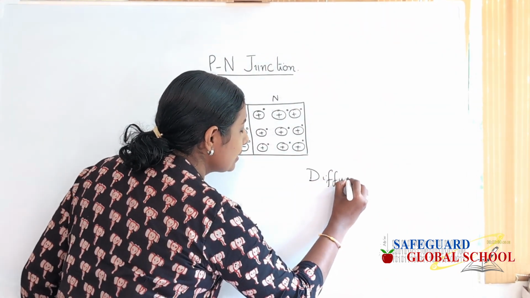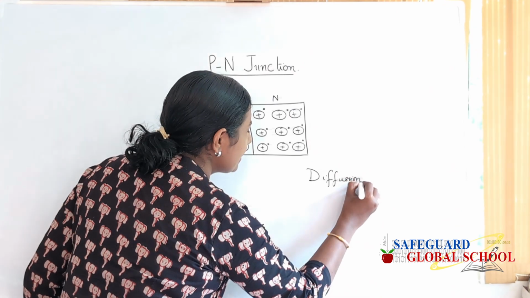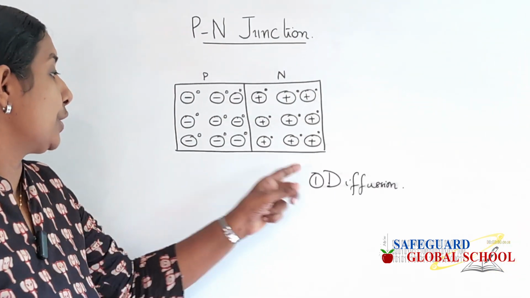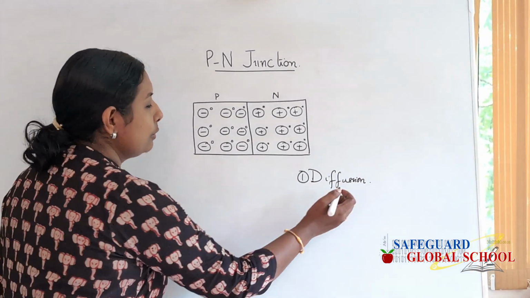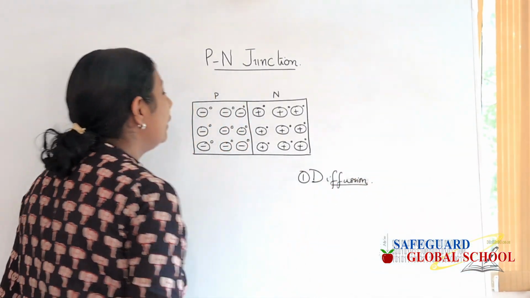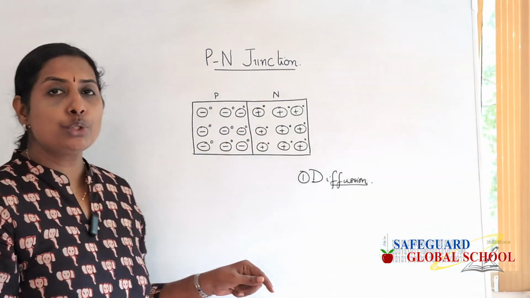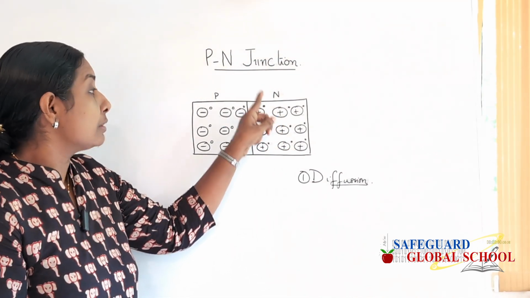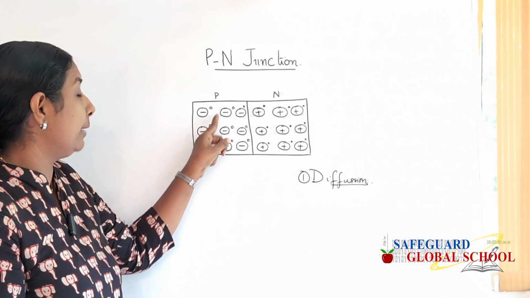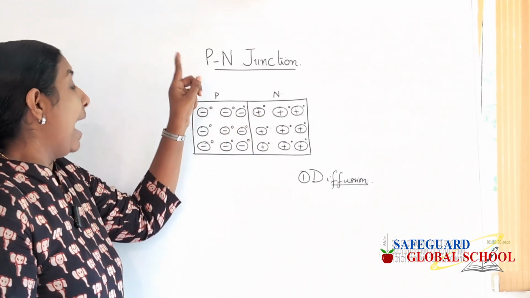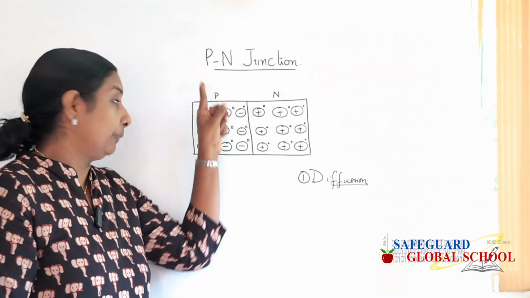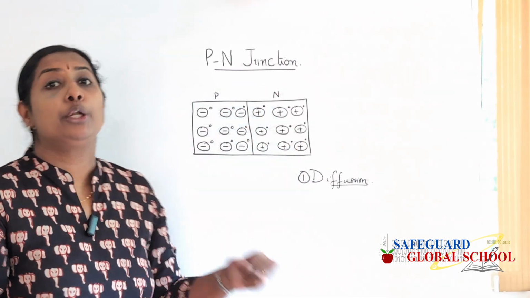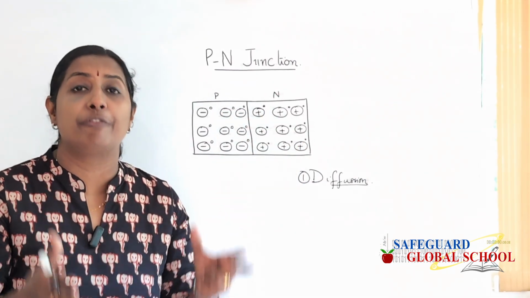So this is the first process happening during the formation of a PN junction. The first process is diffusion. What is diffusion? The majority carriers, that is electrons on the N side, try to cross this region from here to here, and the majority carriers, that is the holes from the P region, move to the N region due to their concentration difference.